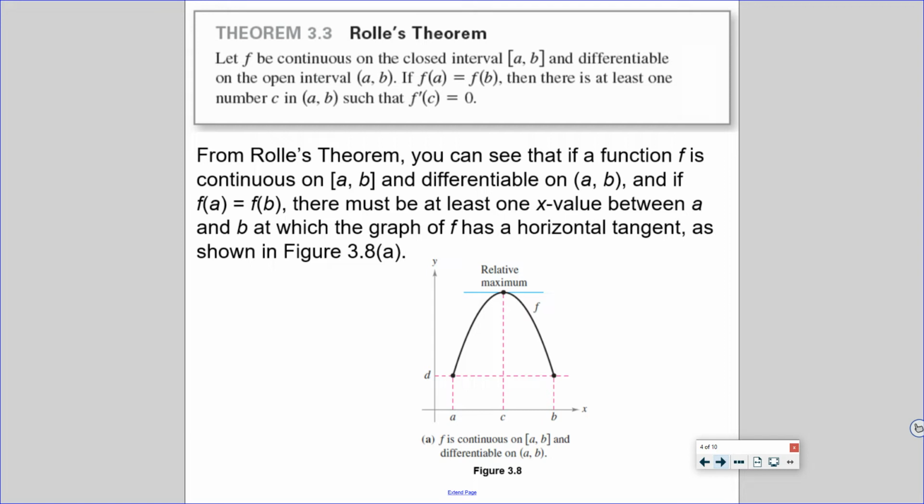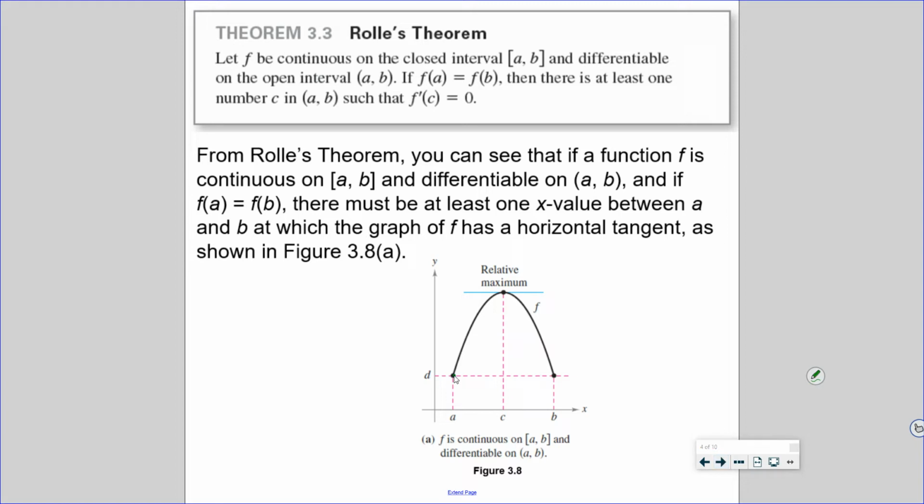But if it's differentiable on that same interval, and if the values at my endpoints are the same, so like the heights of my graph at my endpoints are the same, then there's at least one number in this interval where we have a horizontal tangent. Okay, where the derivative, the instantaneous rate of change at that point has to be 0.